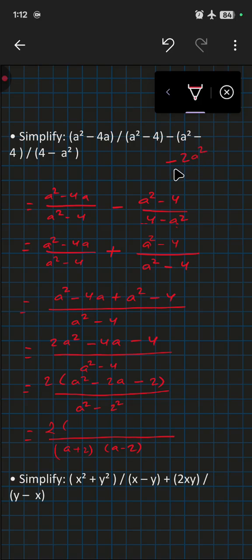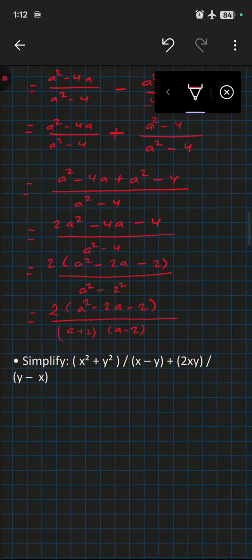It means by subtracting 2a should come, and by multiplying also 2. So is there any number that we will multiply and then it will come 2? So 2 into 1, if you will do, it will come 2, but if you will subtract 2 minus 1, it will not come that, right? So this is going to be our answer, a square minus 2a minus 2 whole upon a plus 2 by a minus 2. So let me explain one more question over here.